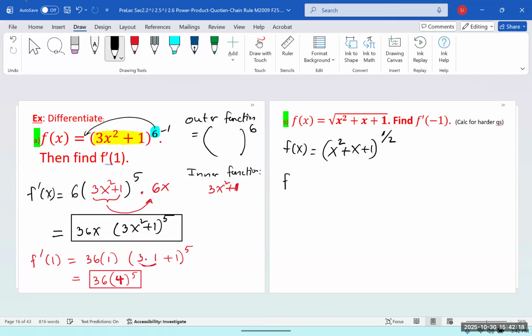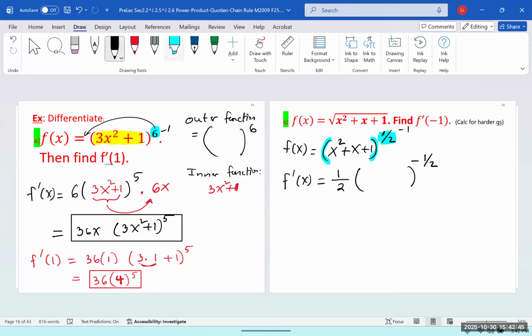So, derivative. Our outer function is the 1/2 power with the parentheses. So we are going to take the derivative of the 1/2 power. So 1/2 comes down, and then 1/2 minus 1. What is 1/2 minus 1? Negative 1/2.